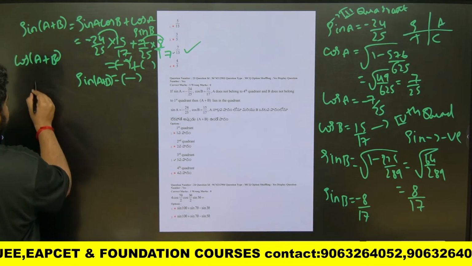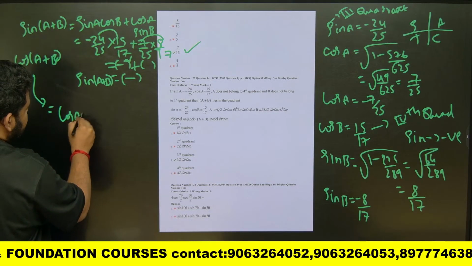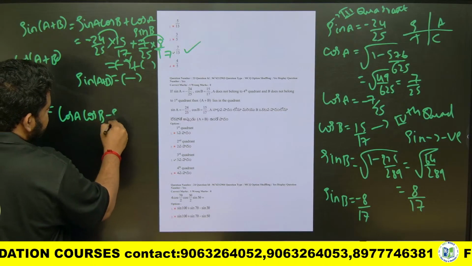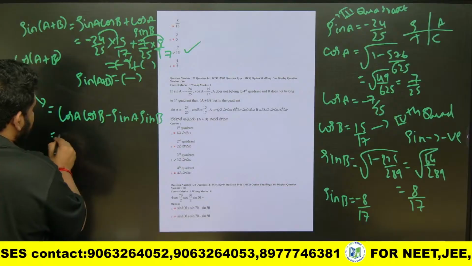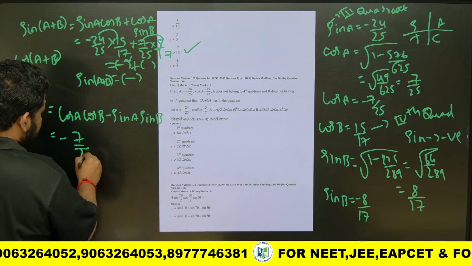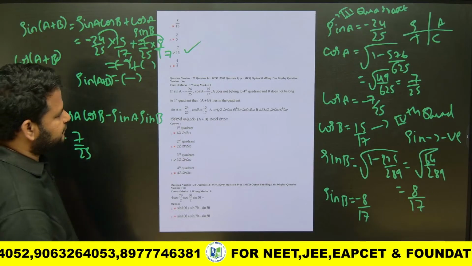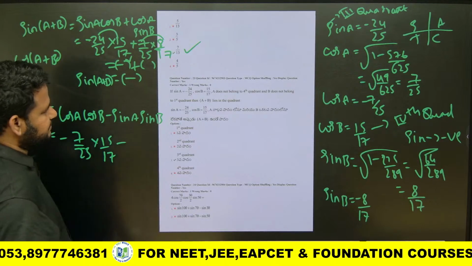Now cos of A plus B. Cos of A plus B, what is the formula we have? Cos A cos B minus sin A sin B. Cos A is what, friends? Cos A is minus 7 by 25. Okay, what about cos B? Cos B is 15 by 17. Sin A sin B. Sin A is what, friends?